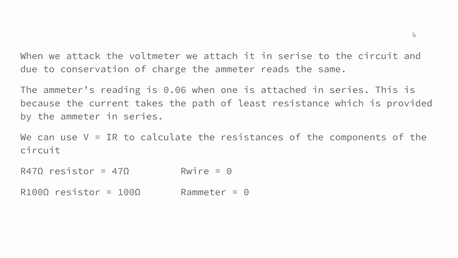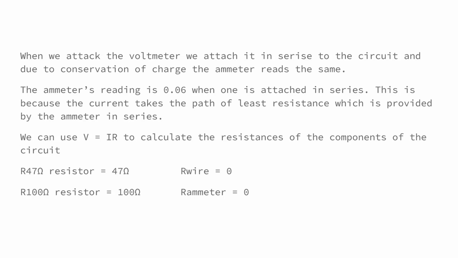When we attach the ammeter in series to the circuit, due to conservation of charge, the ammeter reads the same. The ammeter's reading is 0.06 when one is attached in parallel. This is because the current takes the path of least resistance, which is provided by the ammeter. We can use V equals IR to calculate the resistances of the components of the circuit.